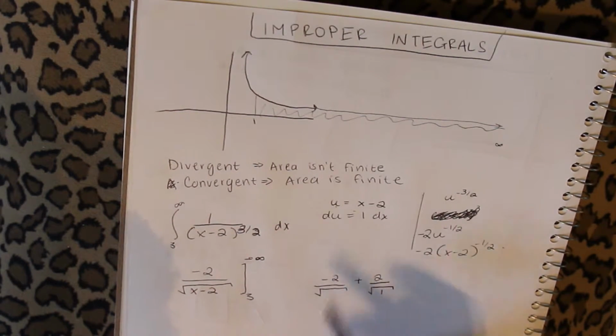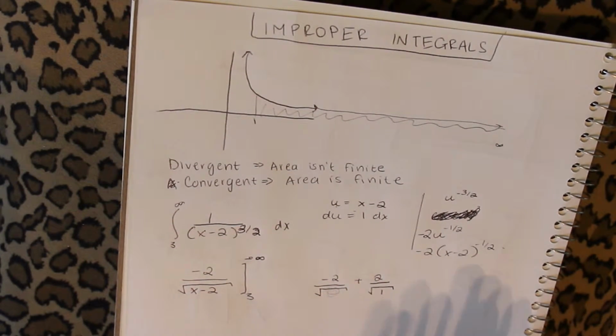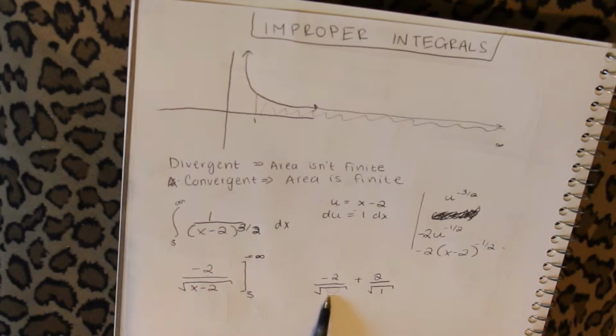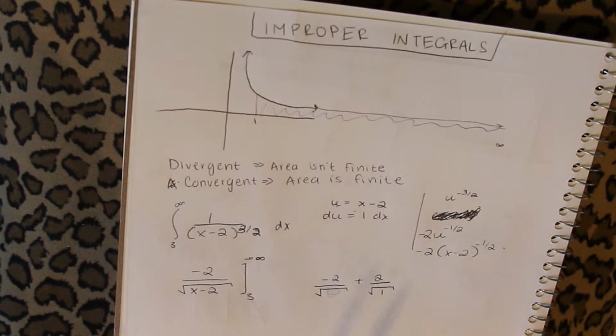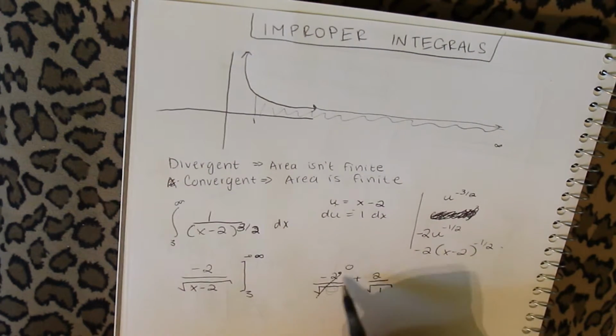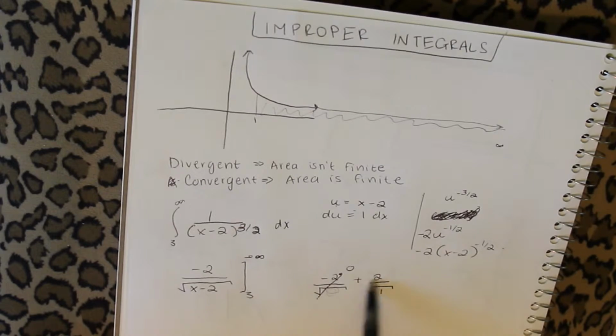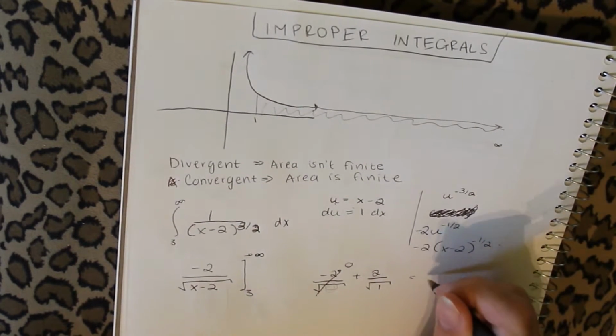So remember that over here we have the infinity. We don't really have the infinity. We have a really big number. X approaches infinity. So any number divided by a huge number is going to approach 0. So what we're left with from our integration is just 0 plus 2 over the square root of 1, which is 2.